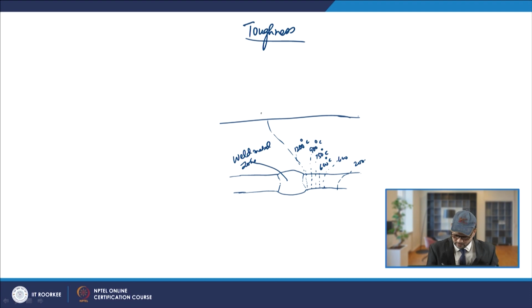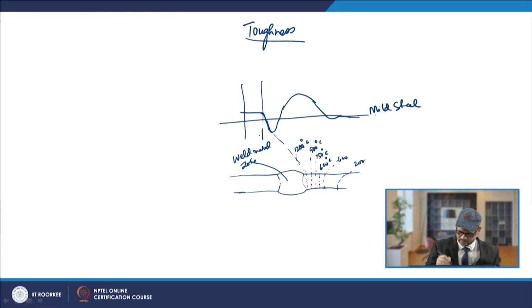It will be coming down, so in this case it will be smaller, and then the toughness will further increase, and in this zone it will go further this way. That will be the variation of toughness in mild steel.